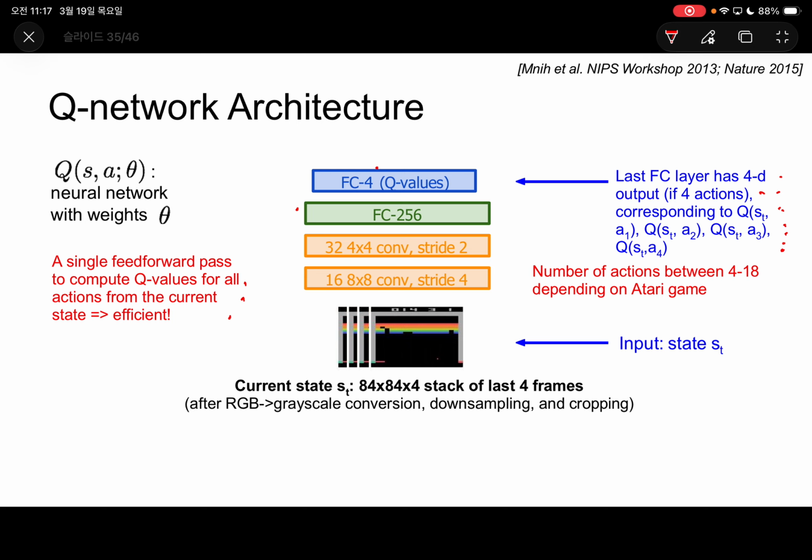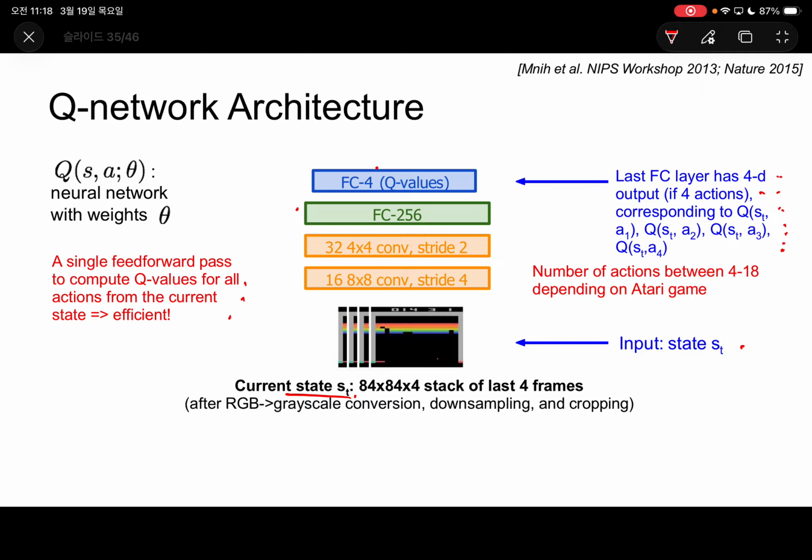So this is the second option: instead of passing the action as an input, we pass only the state as input, and the network outputs the Q value function for all possible actions.